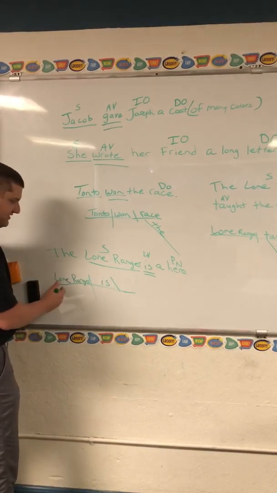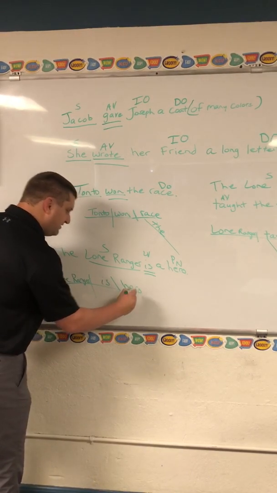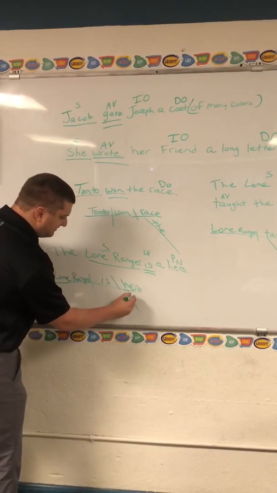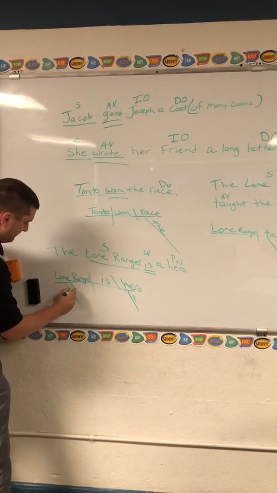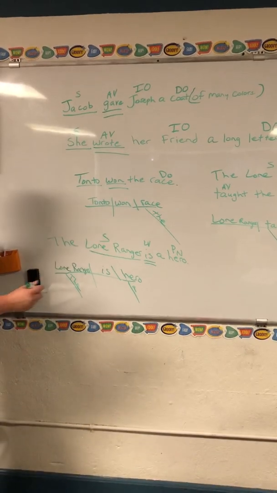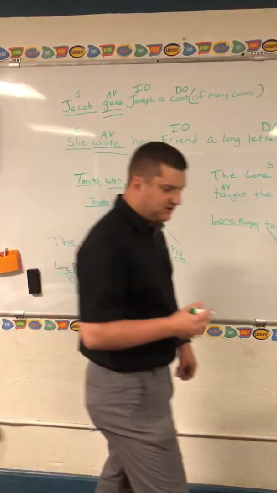And what was the Lone Ranger? Lone Ranger was, or is, hero. A goes underneath hero because it's an adjective, and the goes underneath Lone Ranger because it's an adjective. So it should look like this right here.